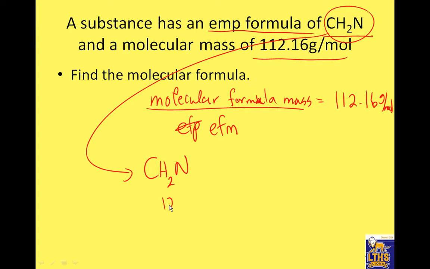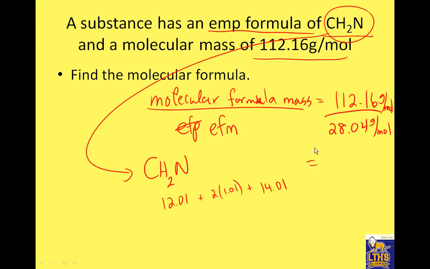The mass of the empirical formula is 12.01 for carbon, 2 times 1.01 for hydrogen, and 14.01 for nitrogen. So you'd add that up. 12.01 plus 2.02 plus 14.01 gives us the empirical formula mass of 28.04 grams per mole.